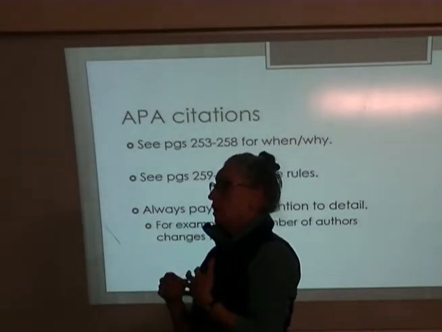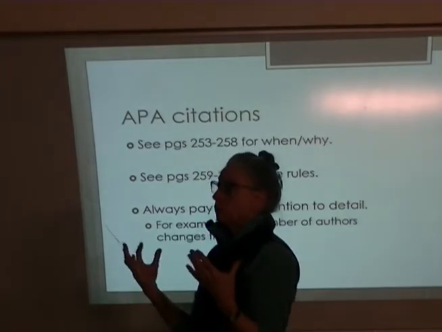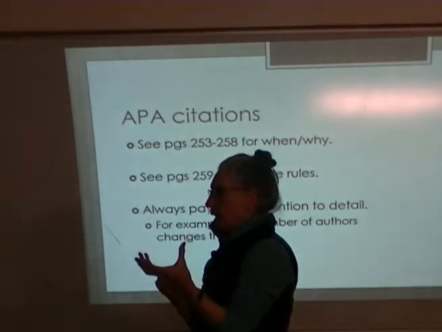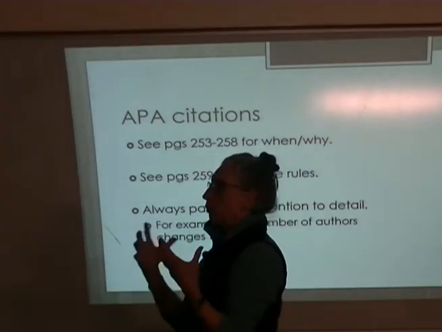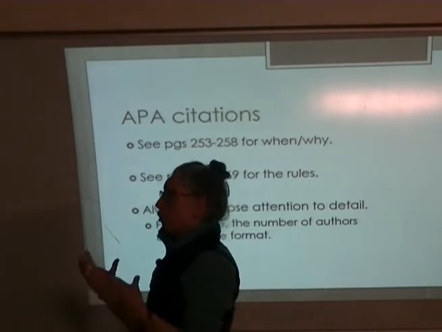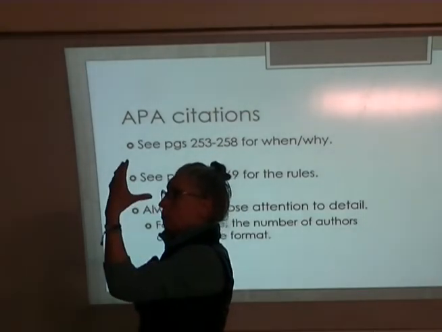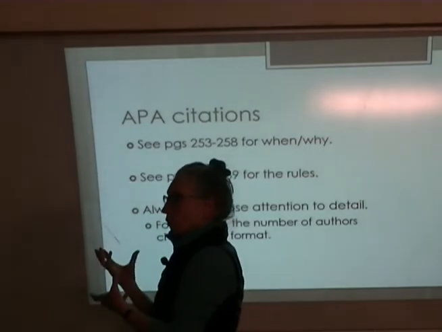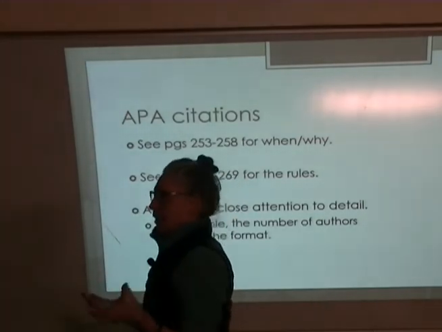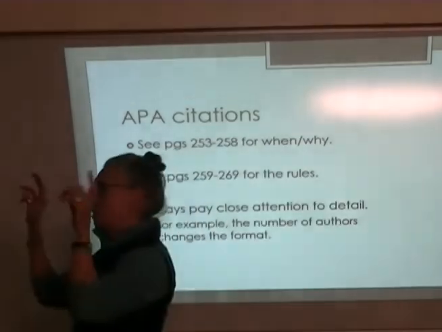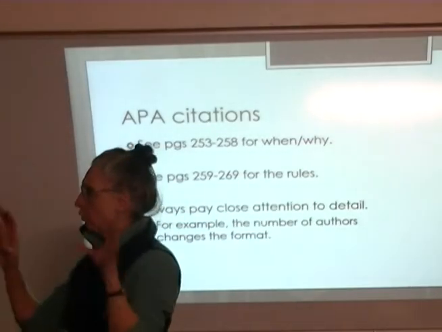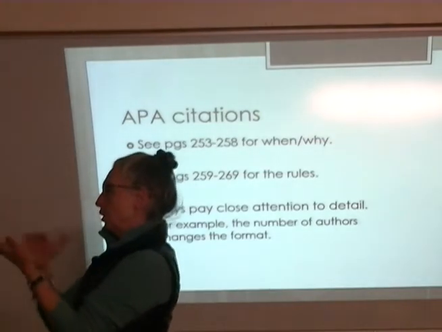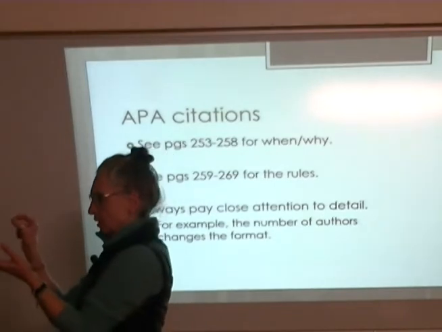So if I say training program A appears to produce better results for adolescent males in high school, right? That came from somewhere. Okay, even if you didn't quote it and you put it all in your own words, then you're just pulling together lots of information. That information isn't yours, so you have to use the citation.